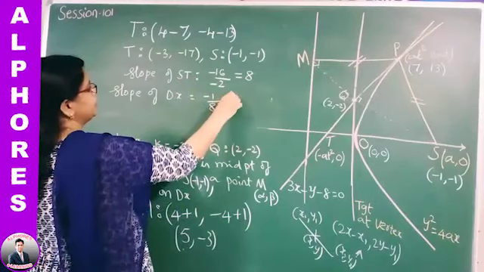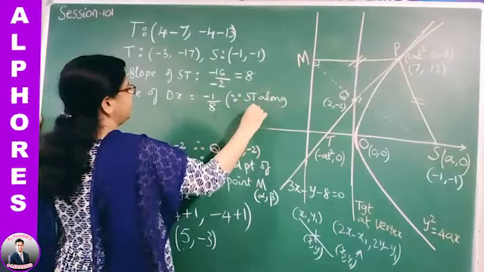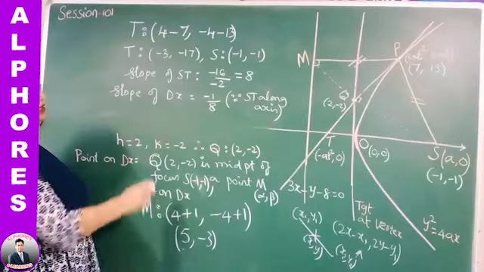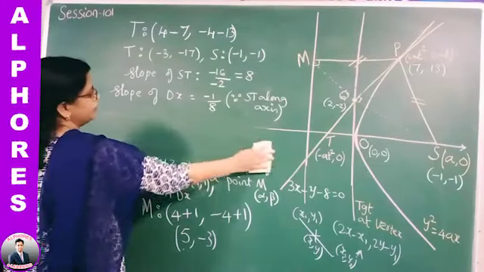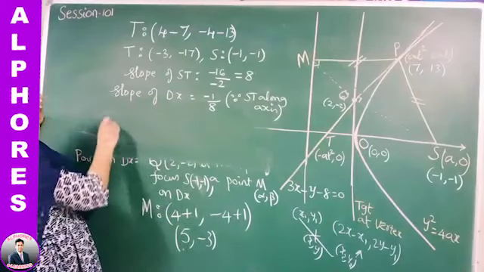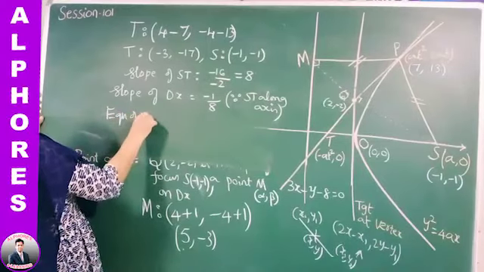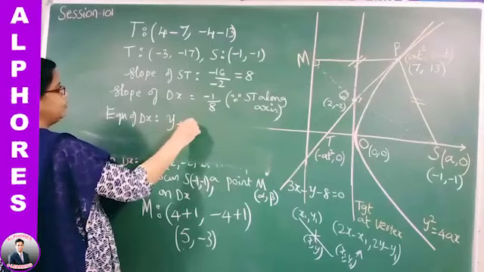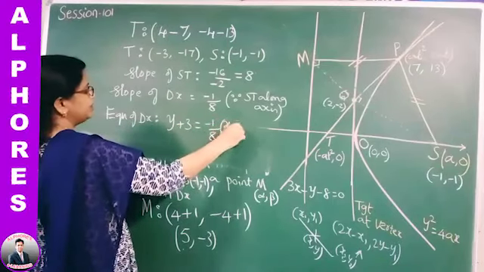So the slope of the directrix is equal to -1/8, as ST is lying on the axis of the parabola. Since the line ST is along the axis of the parabola, and the axis is perpendicular to the directrix, hence we got this value. Then what about the equation of the directrix? So you know the slope and you already know this point, therefore the equation of the directrix is y + 3 = (-1/8)(x - 5), right?